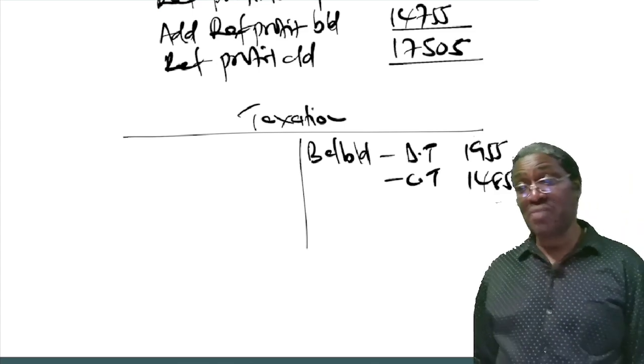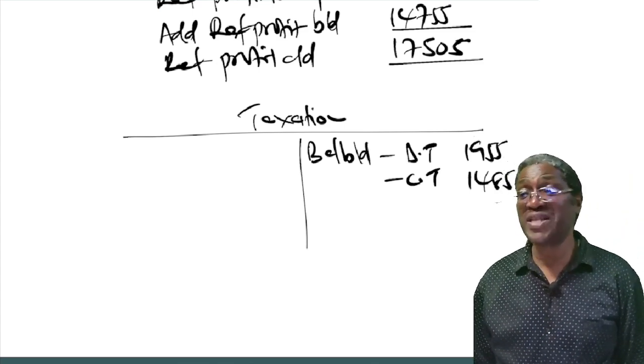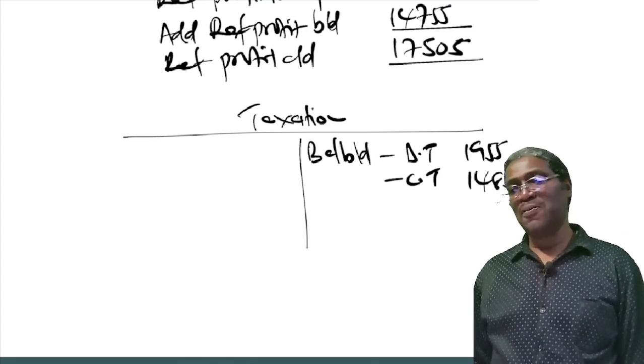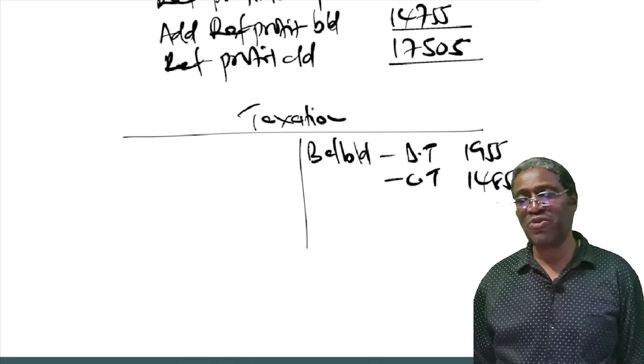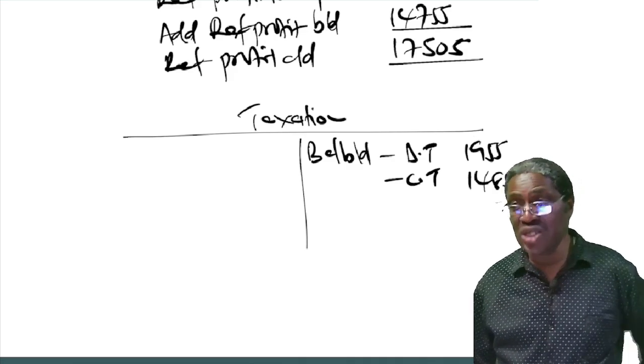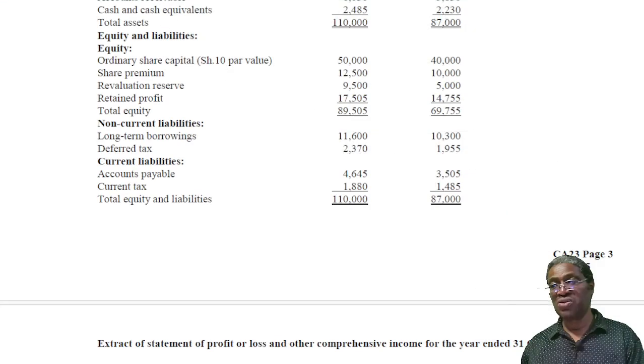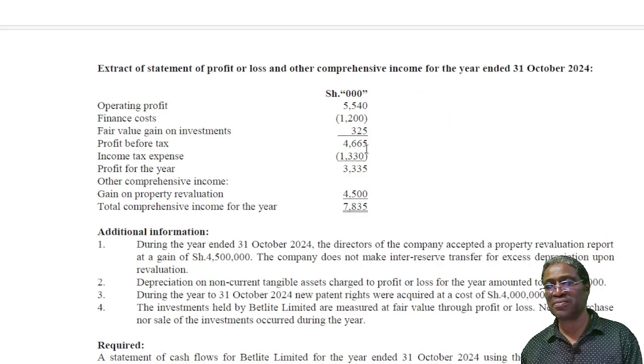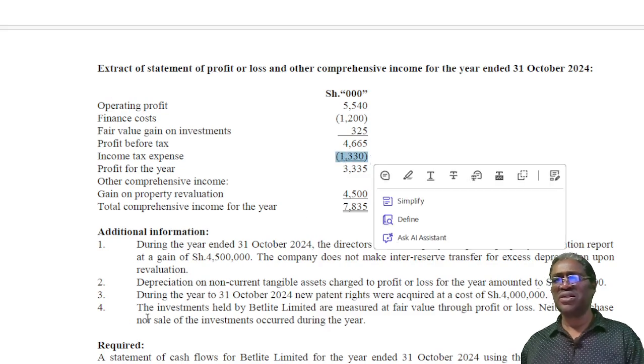Listen, once you bring down those two balances, you go to the income statement and you pick the charge for the year. We were given the charge for the year for taxes. Let me go to the income statement and pick it. The charge for the year, you can see it there, is 13,330.